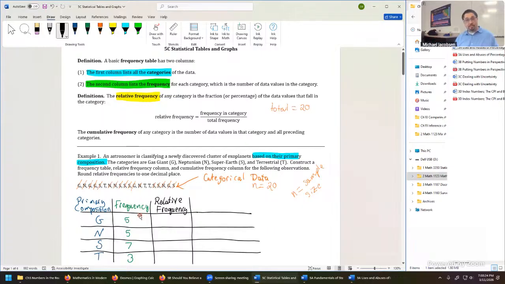But you notice once we put it in a frequency table, we have a really good understanding of what they really discovered in their new cluster of exoplanets. They discovered about the same amount of gas giants, Newtonian, and super Earth planets, slightly more super Earth planets, and not as many terrestrial. We have a really great feel for the data.